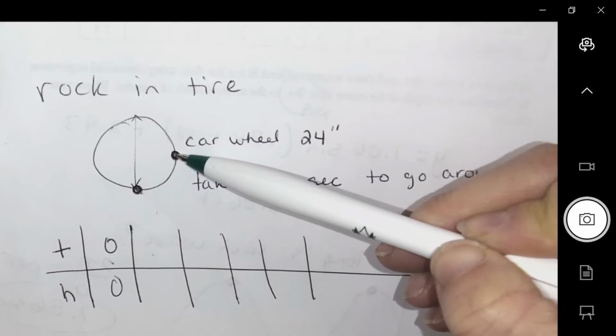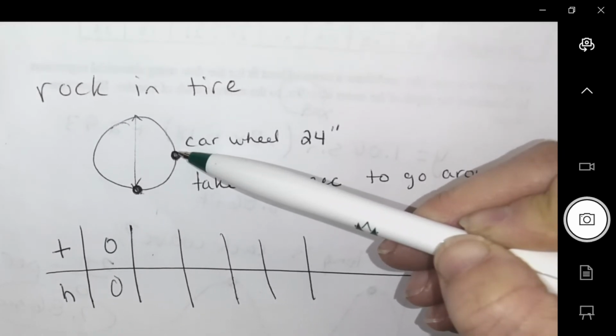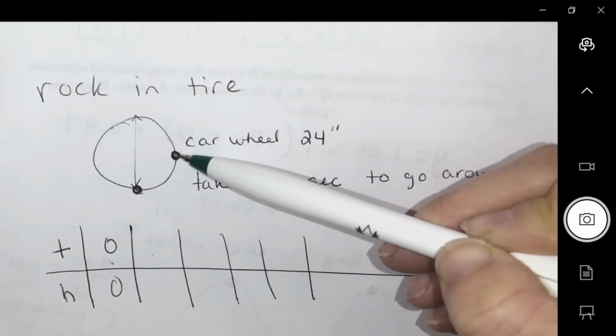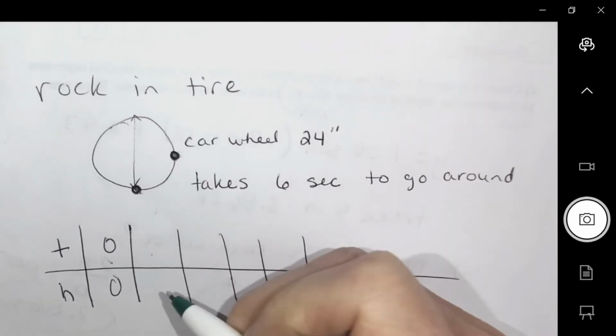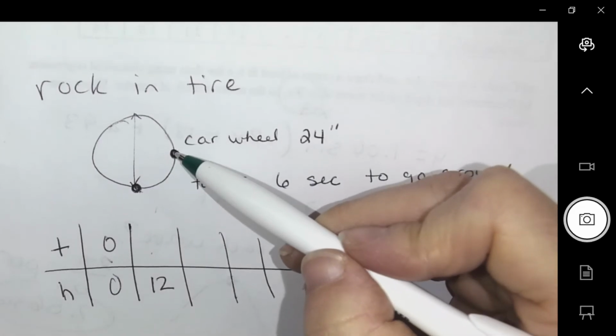How much time are you at? Okay, if you don't know time, we can come back to that. How much height are you at? What's the height right here? 12, right?